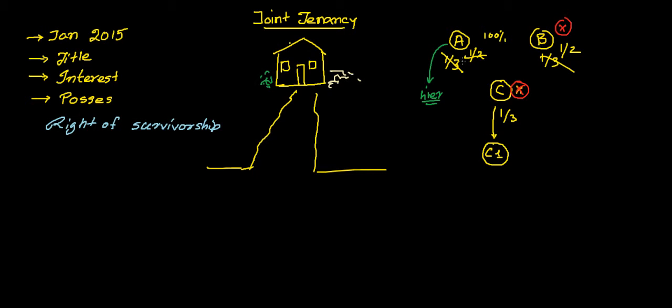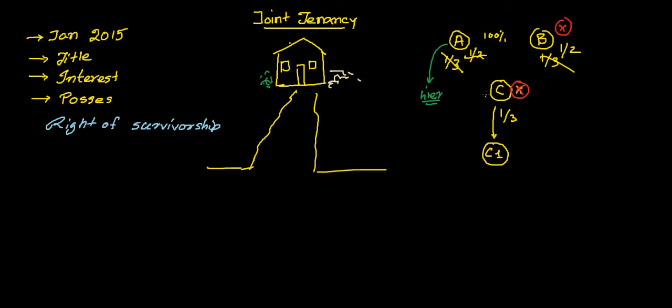Okay, so I hope this is making sense. Let me see how the right of survivorship actually goes. If you wanted to include somebody else, let's say D, another person, into the tenancy, it is not possible.